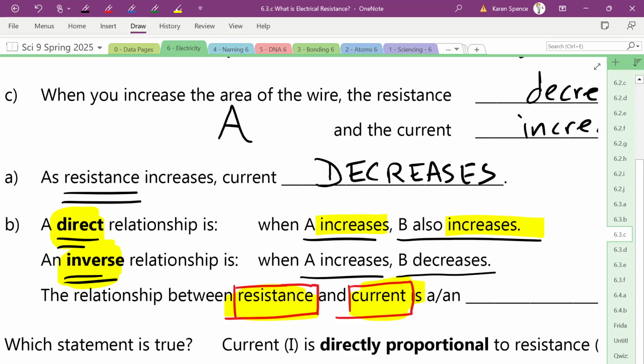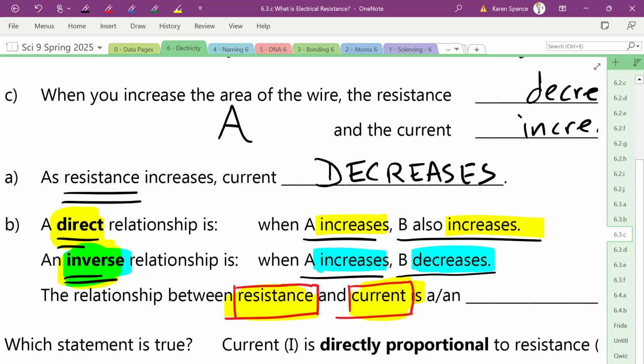If it is inverse, then an increase in one leads to a decrease in the other. Talk with your neighbor about it.